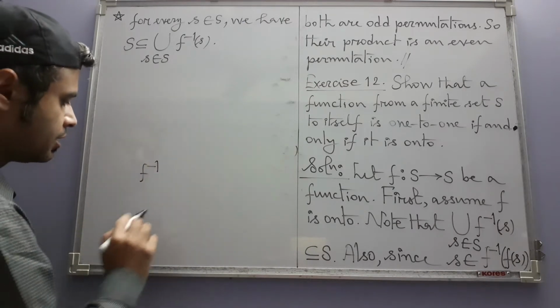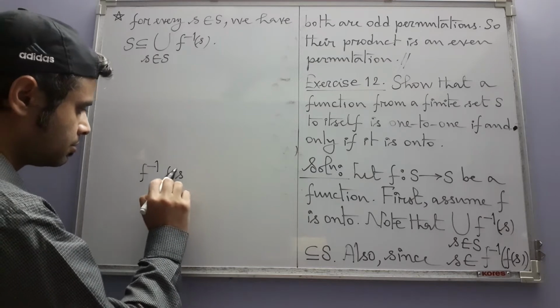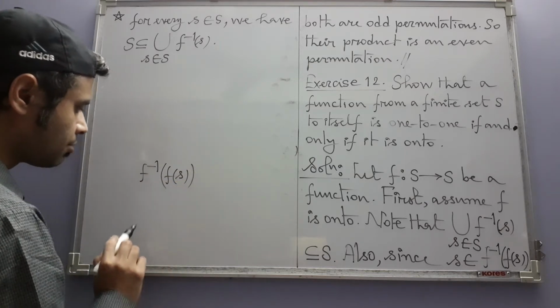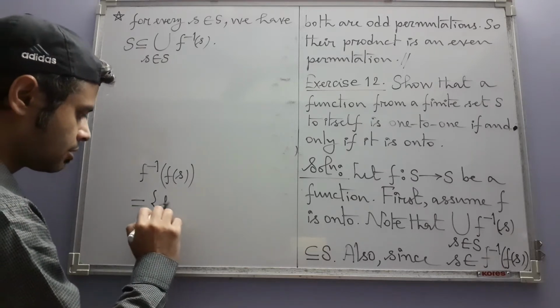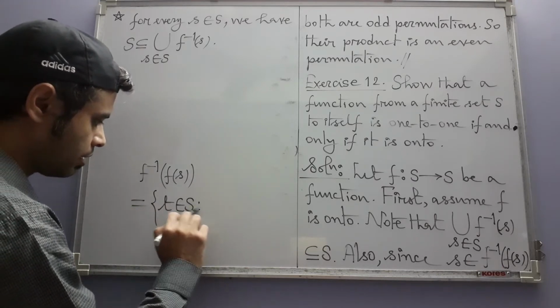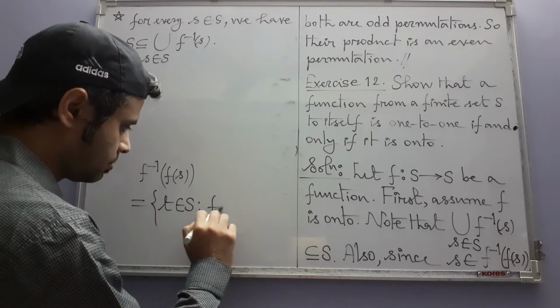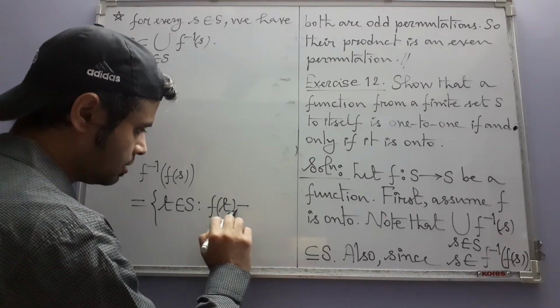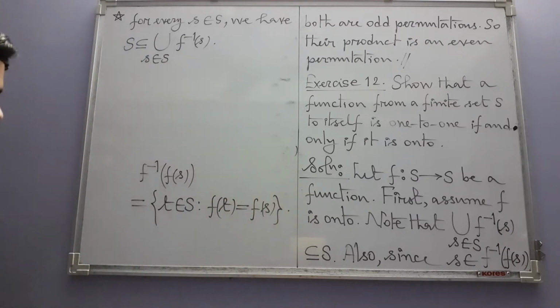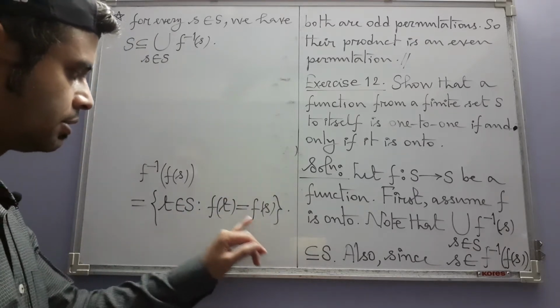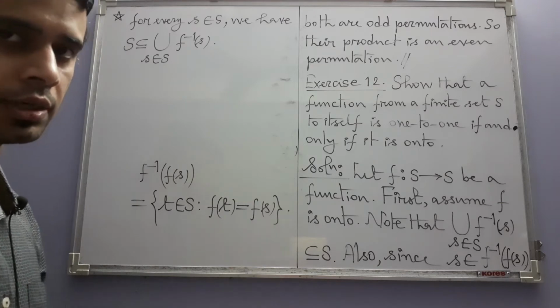Let us apply the definition of the inverse image to this particular inverse image. It is by definition the set of all elements T in S such that f of T is equal to f of s. Note that this does not necessarily mean that T has to be equal to s.